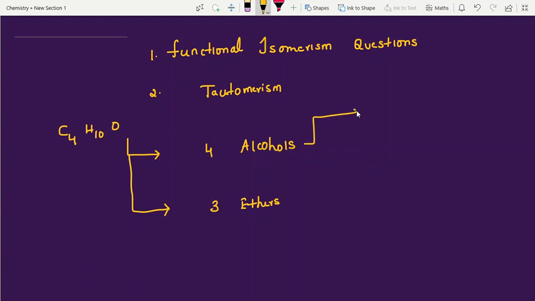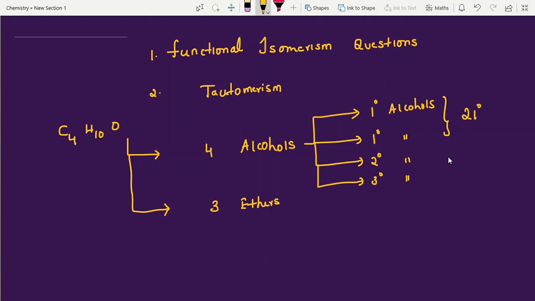But among these 4 alcohols, 2 are primary alcohols, 1 secondary, 1 tertiary alcohol. So finally I am writing 2 primary, 1 secondary, 1 tertiary. Okay.